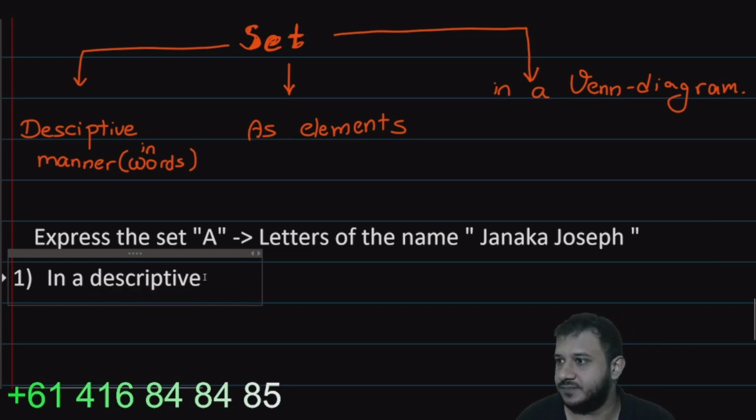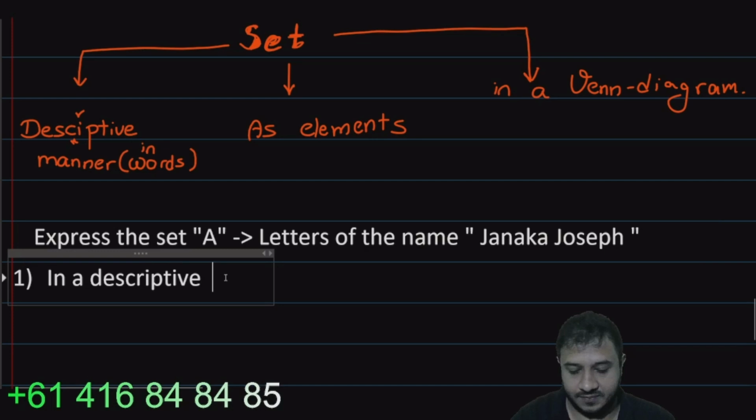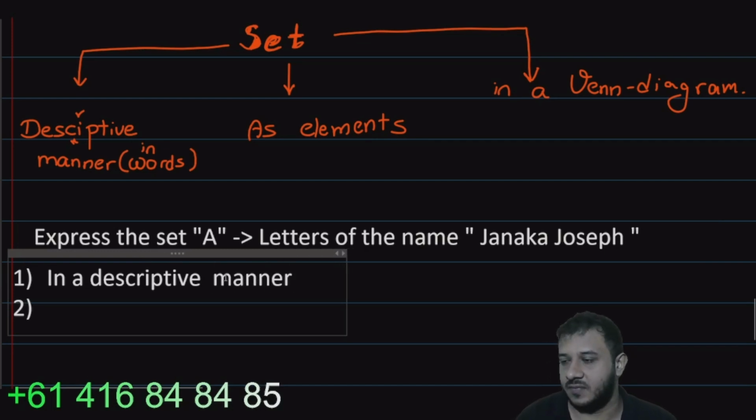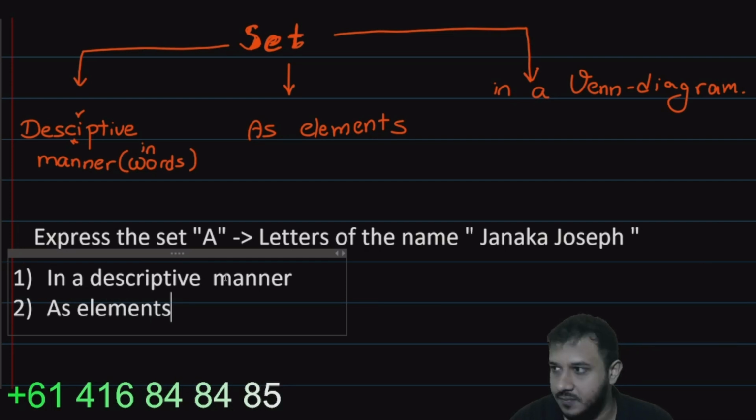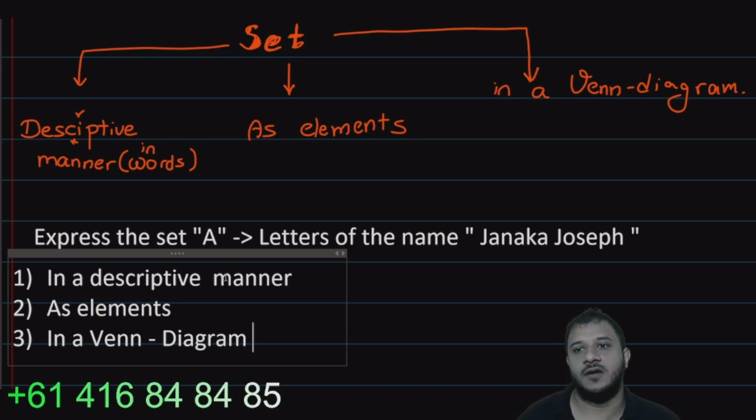Now see here, I forgot the R there, even up here. Descriptive manner. The next way is as elements. The other one is in a Venn diagram, where the V is always capital. I'll tell you why in that.